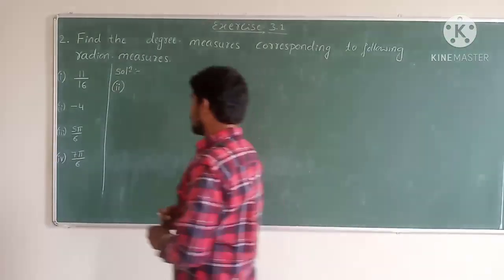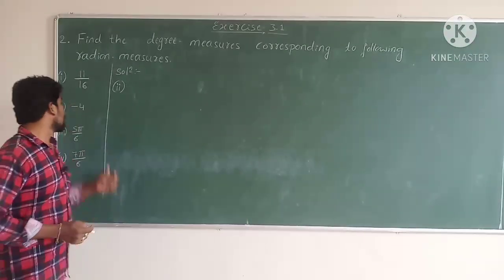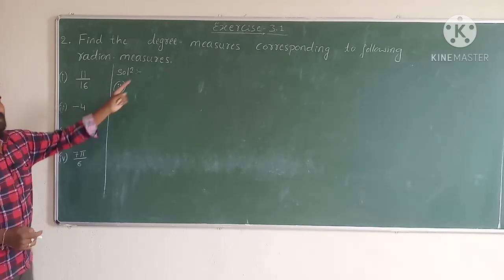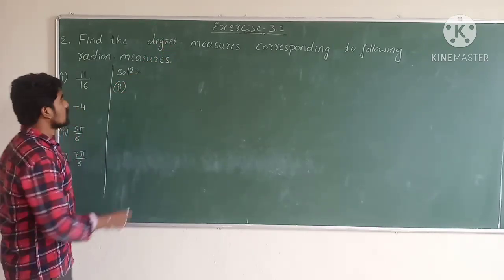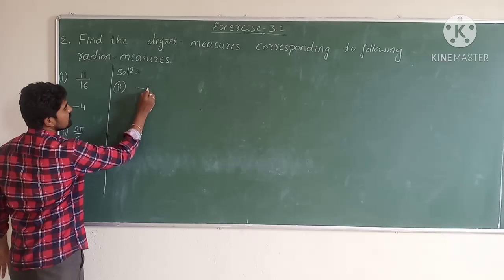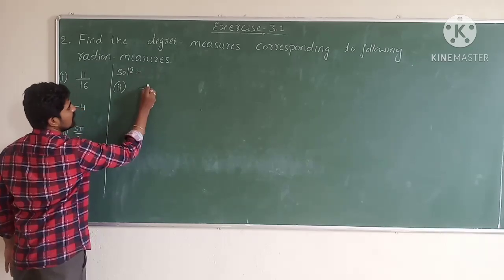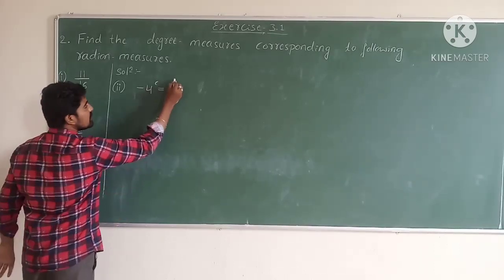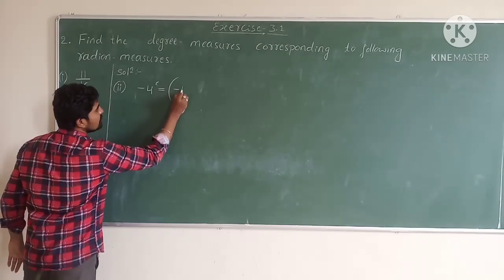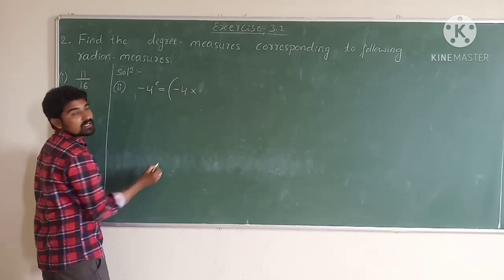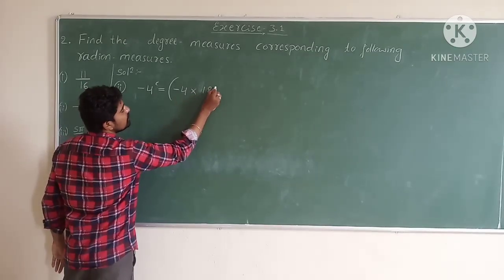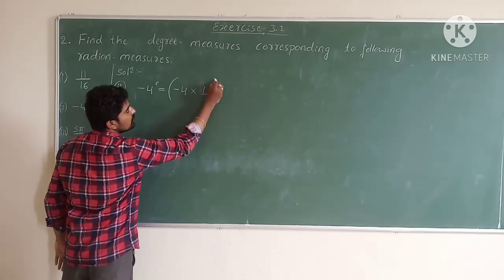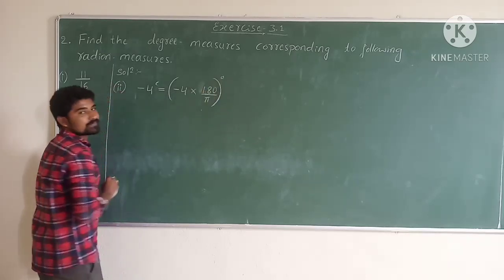So now the second question is minus 4 radian. We need to convert it in terms of degree. So minus 4 radians is equal to, to convert in terms of degree, we just multiply by 180 divided by pi. Now this is in terms of degree.